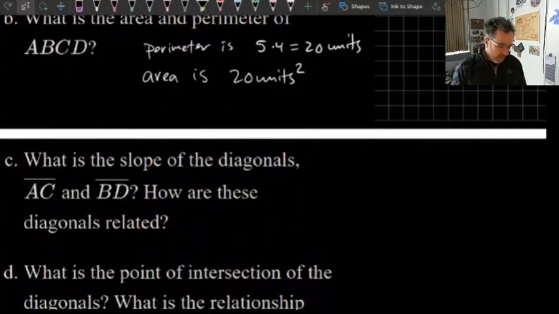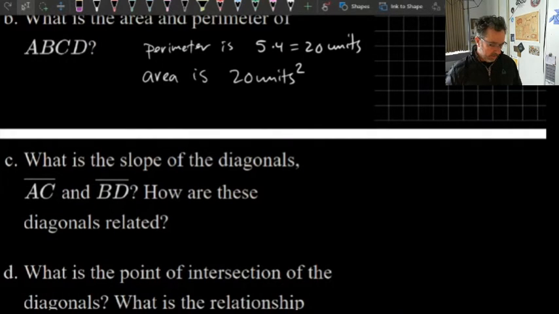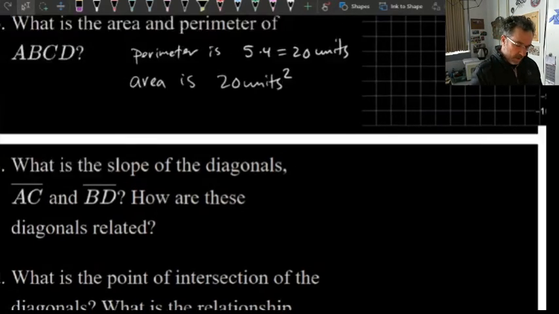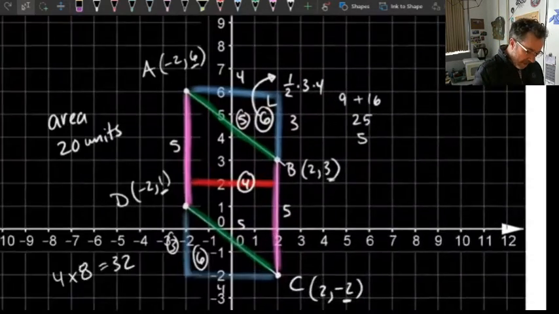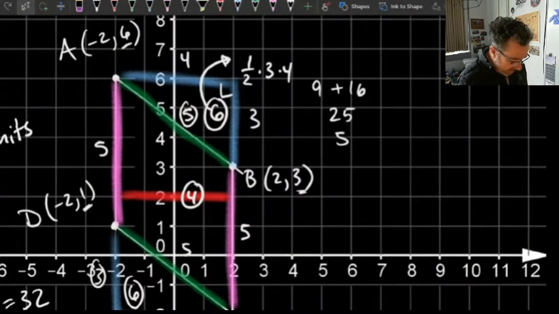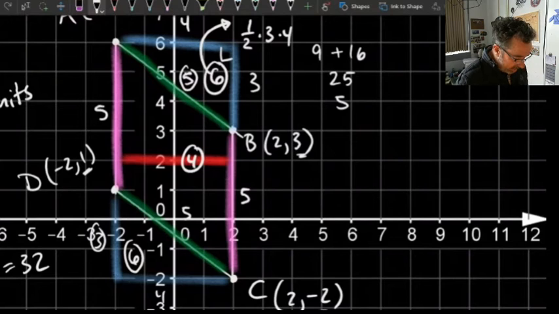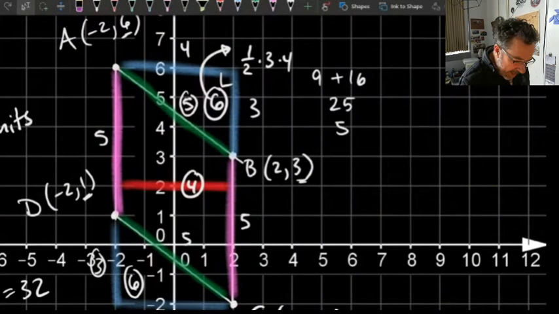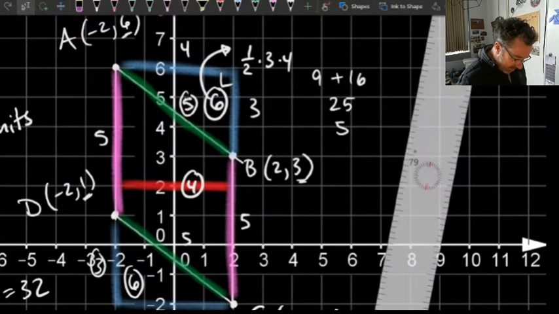What is the slope of the diagonals AC and BD? Okay, so the diagonals, right, are the ones they said, AC and BD. This diagram's getting a little crowded, to be honest.